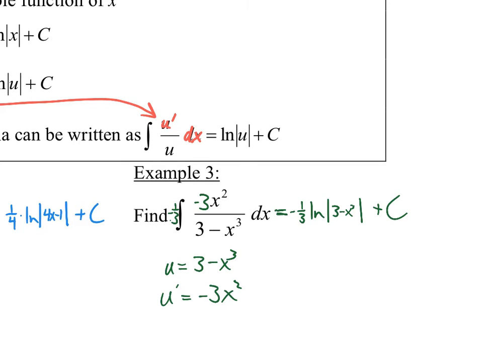It's like when you see a rational function with a monomial in the denominator, you're automatically thinking, can I split it up into separate fractions and reduce each one, and then use power rules. Well, if you have a rational function and it's not a monomial in the denominator, you should be thinking, can I make that into a u prime over u situation and get this to work out? Okay?